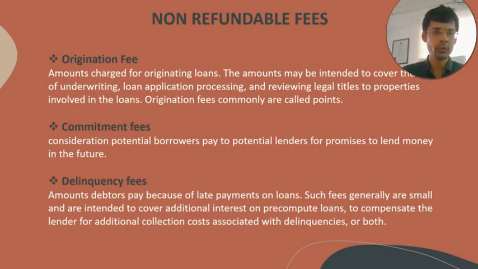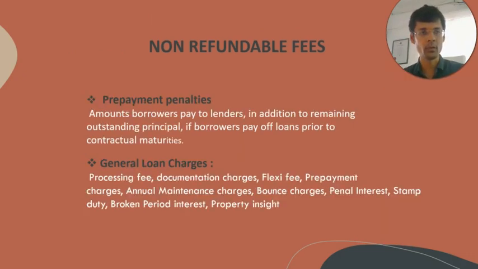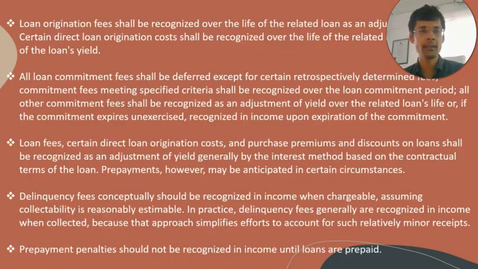For example, origination fees, commitment fees, and delinquency fees. All these fees would be expensed out, and there would be a calculated expense in the profit and loss account. There are certain refundable fees; we need to ensure that those are not accounted as expense in the profit and loss account, and they are kept in the balance sheet as assets.